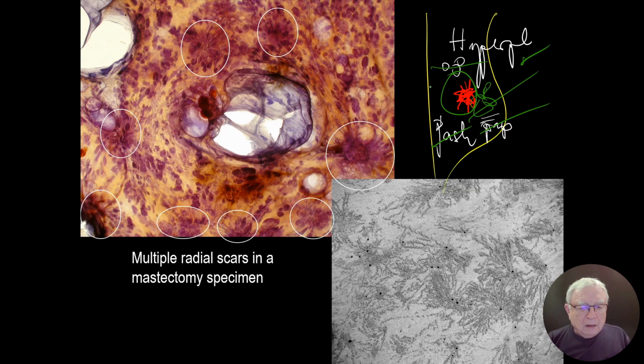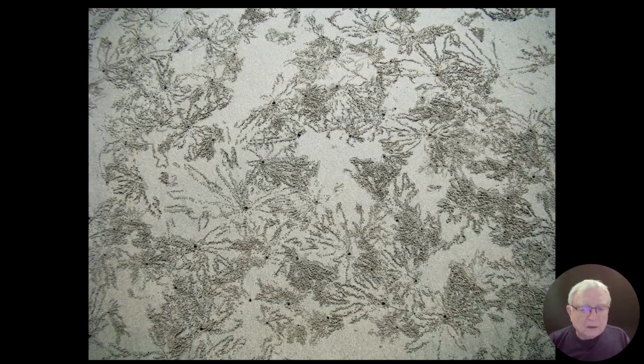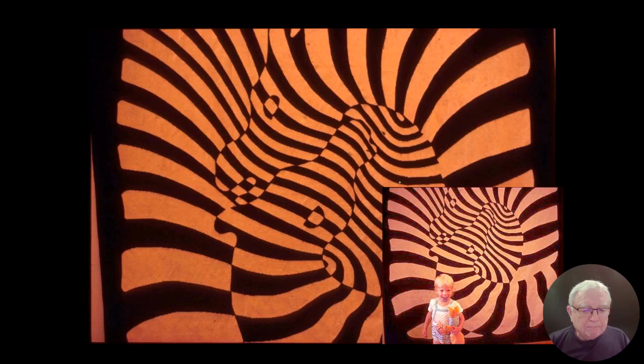Cancer is the most important thing, sure. Look how many radial scars in a fraction of a mastectomy specimen, plus fibrocystic change, duct ectasia, and so on. Isn't that nice? Beautiful. Breakfast feast in Kuantan, Malaysia.